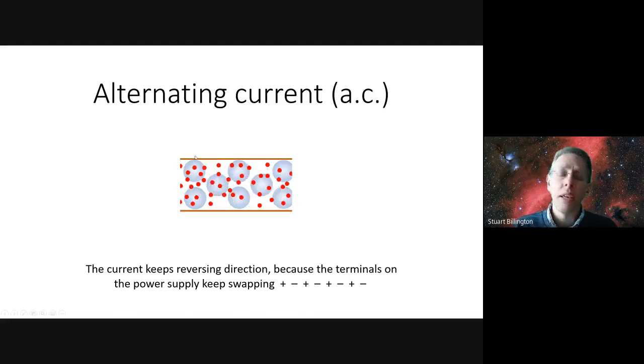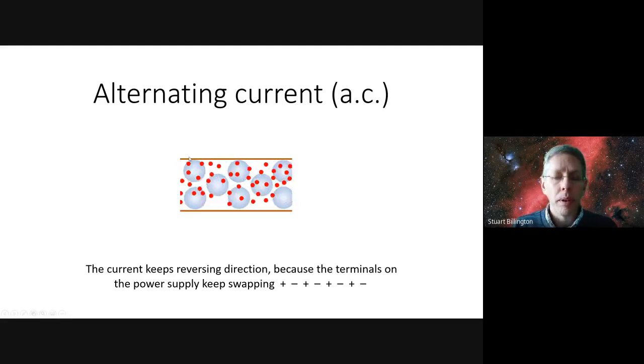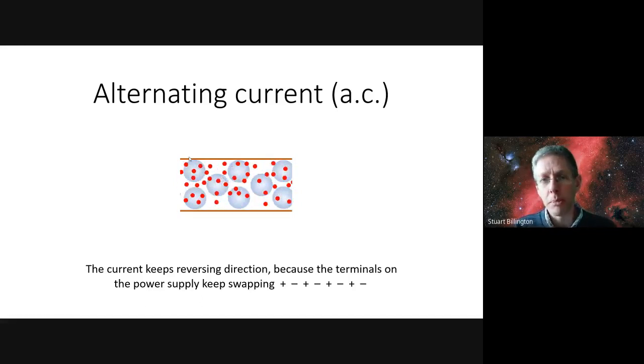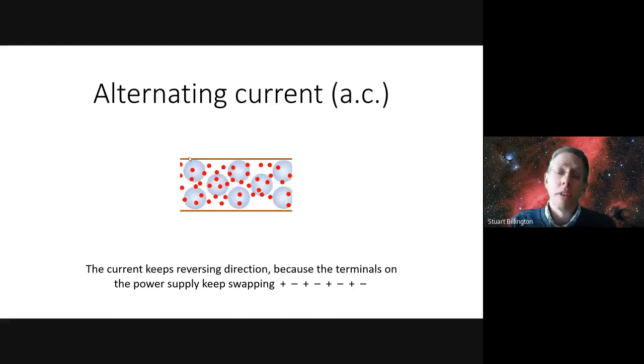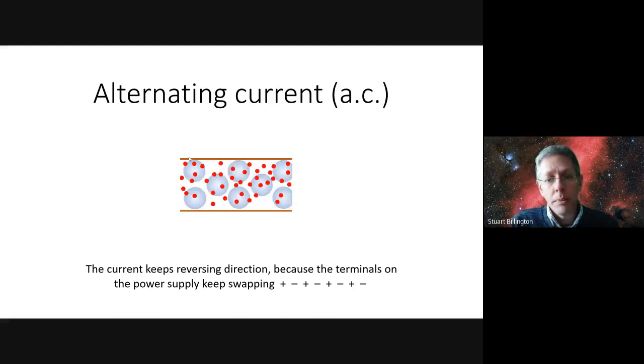The phrase alternating current is used to describe this because the direction of travel keeps alternating. Sometimes it's going forwards, sometimes it's going backwards.